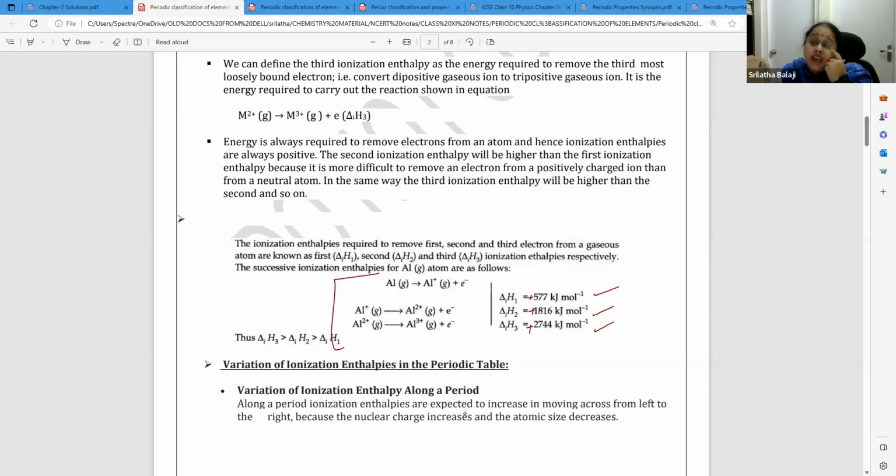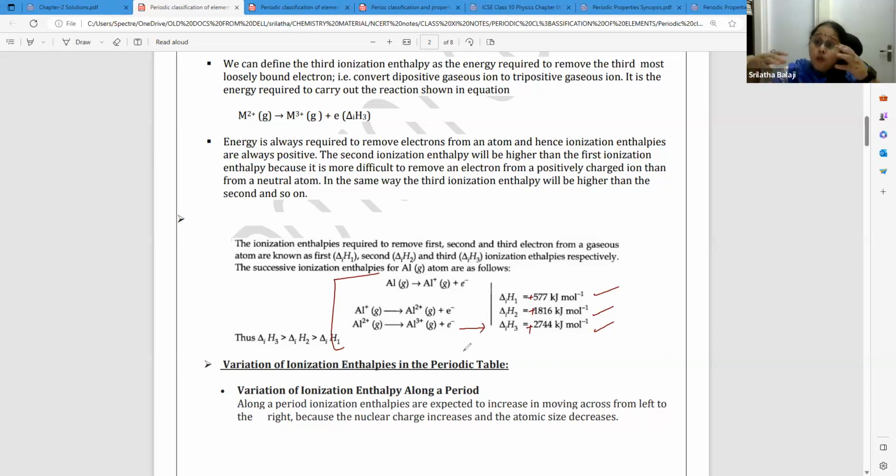Okay? So in which case more energy is absorbed? Tell me. First, second, or third? Look at the values. Third. Right? That means, what's actually happening in the third case? Removal of the third electron is more difficult, no?